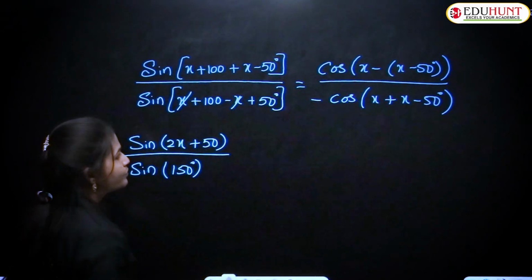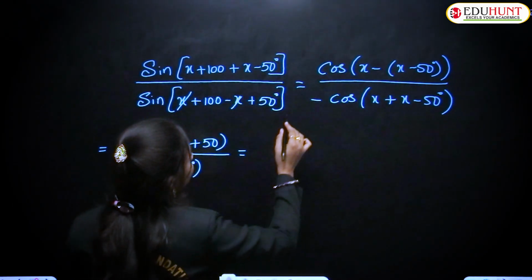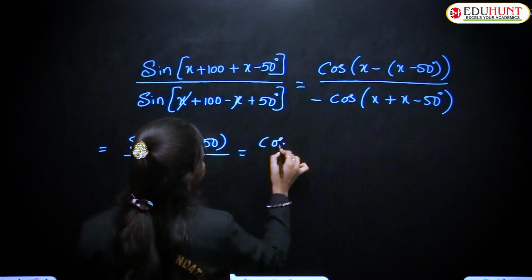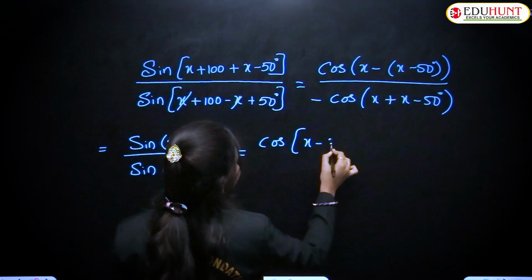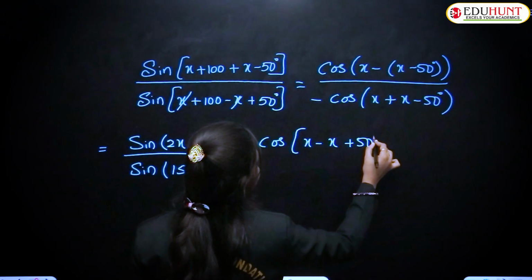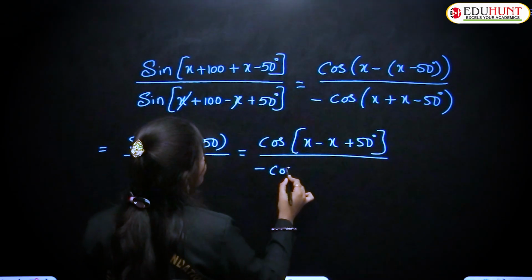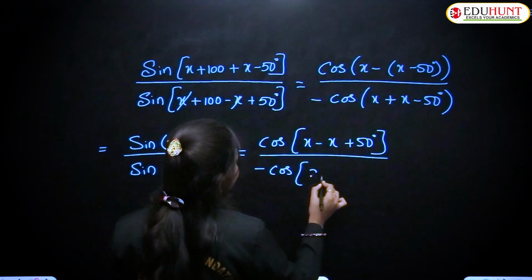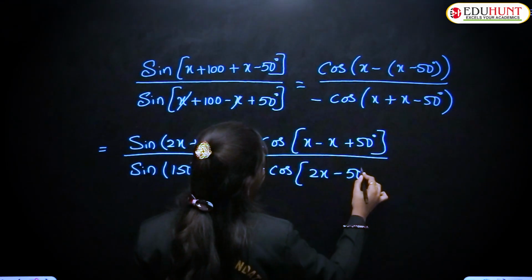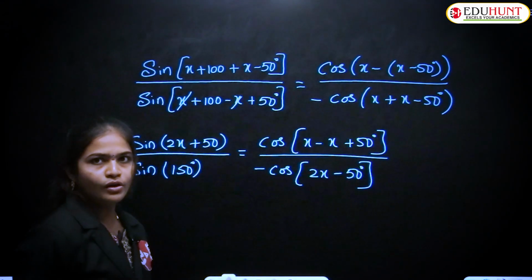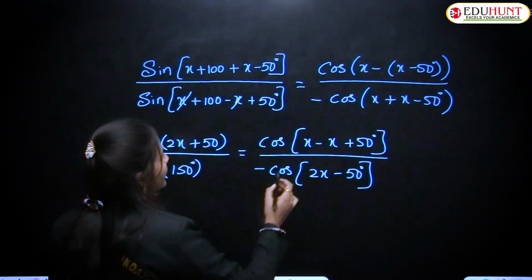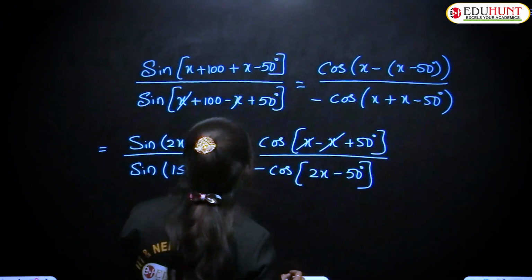Am I clear to you? So which is equal to, here, cos of x minus x plus 50 degrees, whole by minus cos of x plus x is 2x minus 50 degrees. Okay, so from this one, here x and minus x get cancelled.